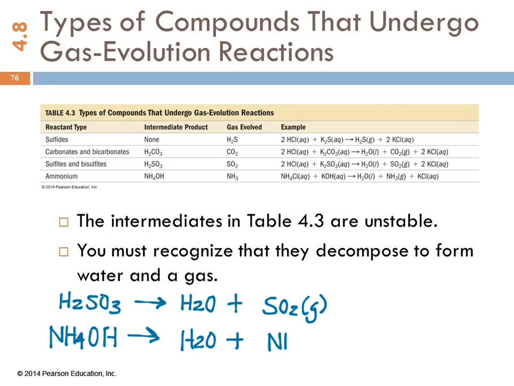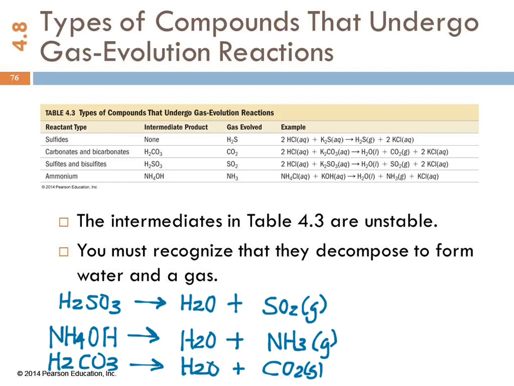What's the name of that compound? Ammonia. And that is a gas at room temperature. And the carbonic acid we already saw, but I'll put it down here just for completeness. That will decompose. Water will come off, and what's left is CO2 gas.